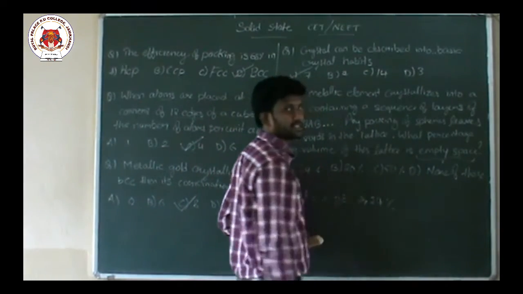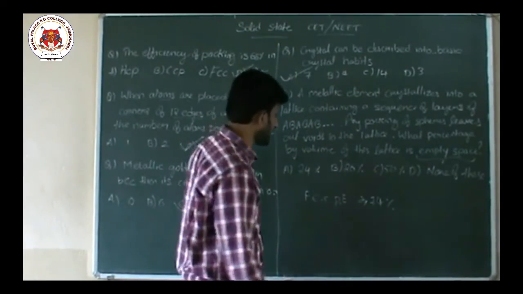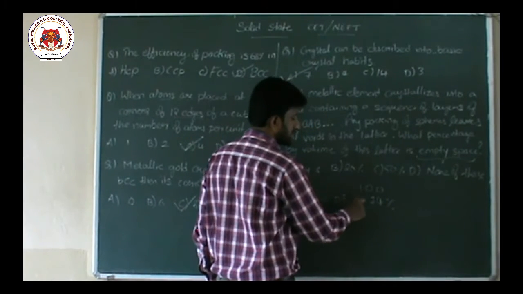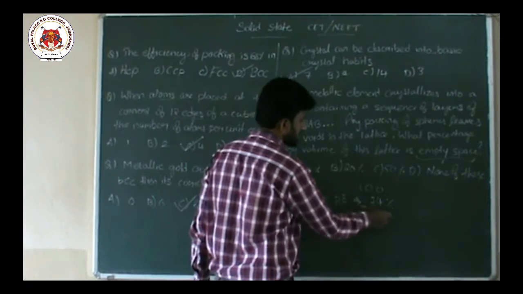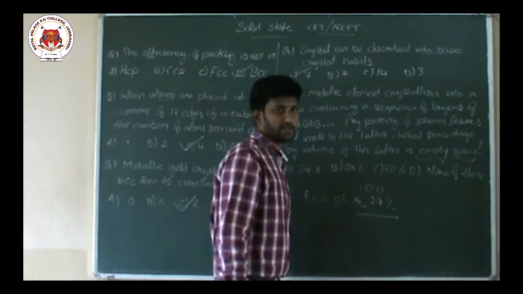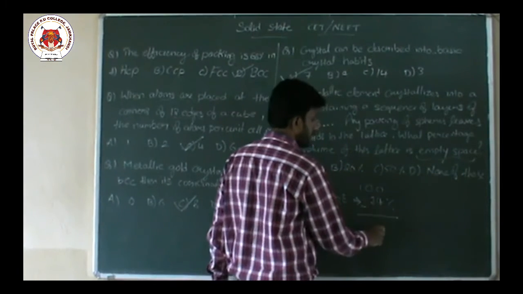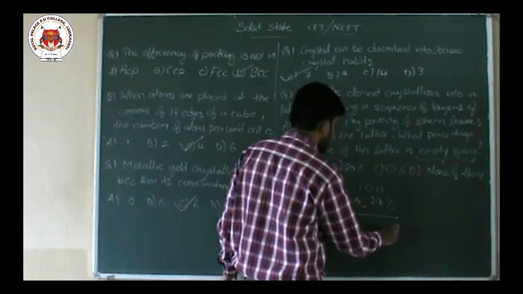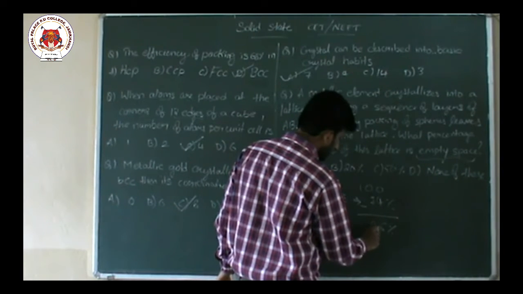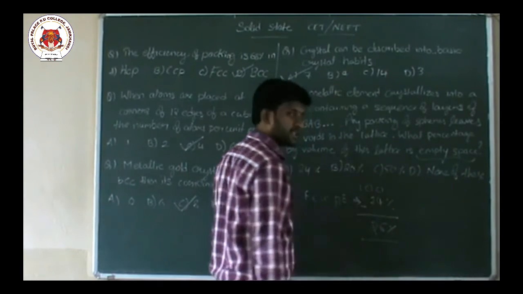But the question is asking for empty space. Empty space can be calculated how? If you consider 100% is the volume, 100 minus 74 will be the empty volume, right or not? So 100 minus 74, you will get it as 26%.